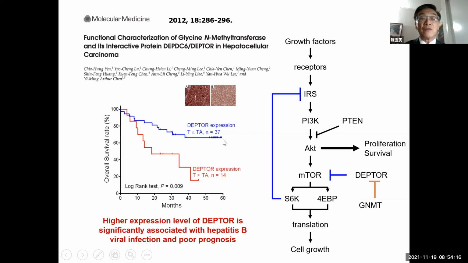Their 5-year survival is more than 65%. So higher expression of deptol is significantly associated with poor prognosis, especially in HBV-related HCC patients.